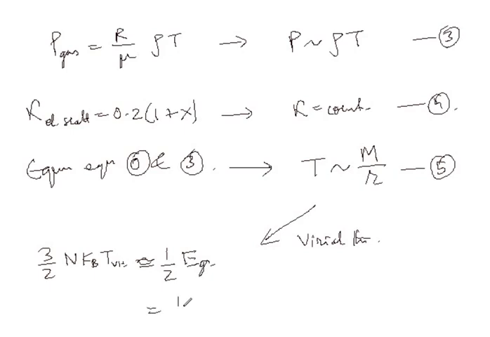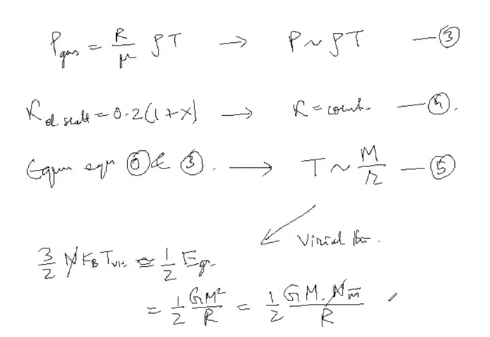So this is basically half of G M squared by r, or half of G M N mean mass into r. Now this N and this N can cancel, and from here you will see that we again get the same old scaling. Okay, fine.